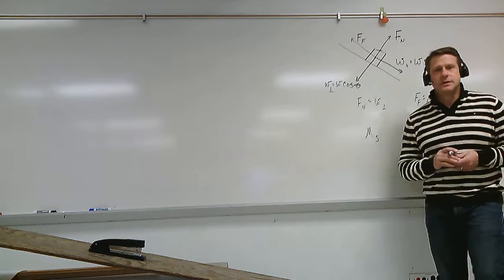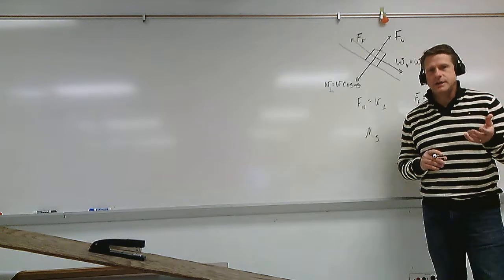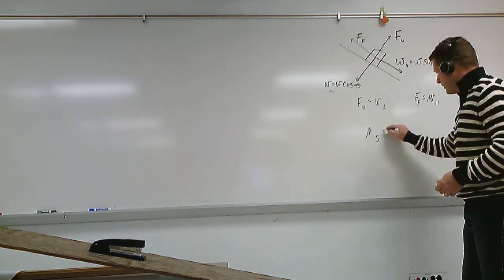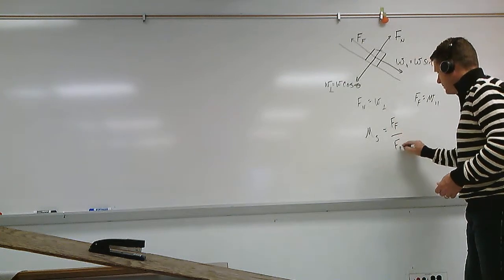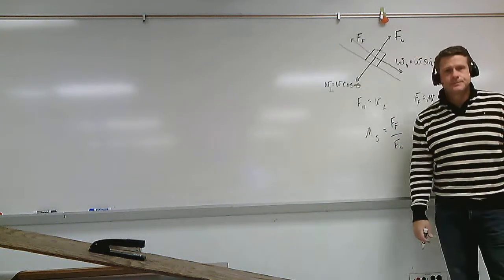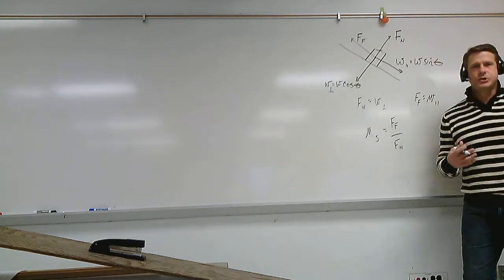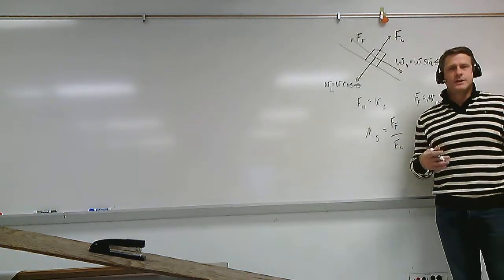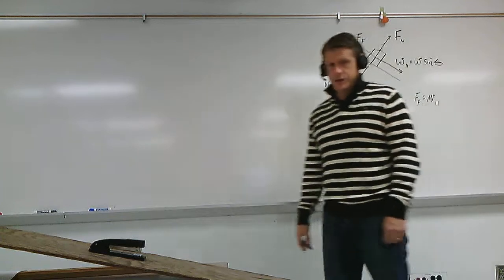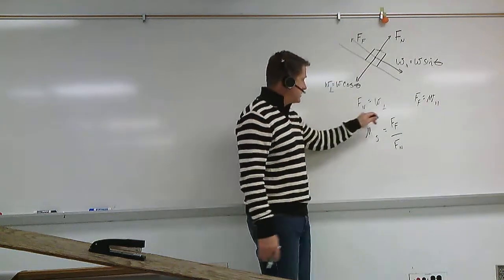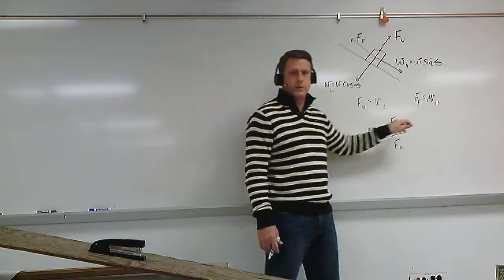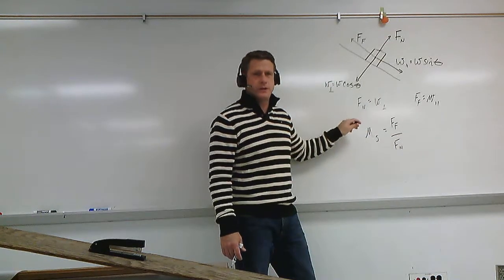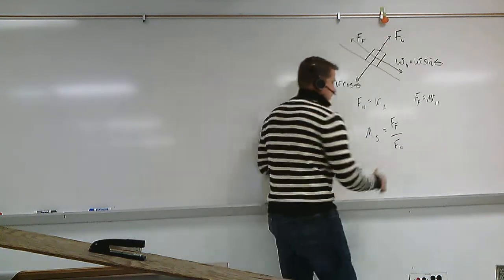So let's talk a little bit about that maximum value of the static coefficient. Well, the coefficient of friction is friction force divided by the normal force. So if we take the ratio of the friction force to the normal force, that's what the coefficient of friction is. Well, we've already talked about how friction force is equal to the parallel component of the weight, and the normal force is equal to the perpendicular component of the weight.